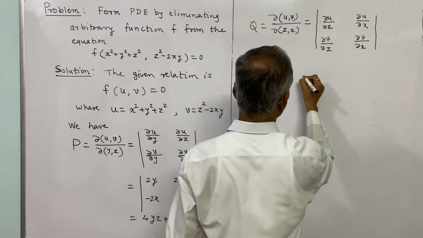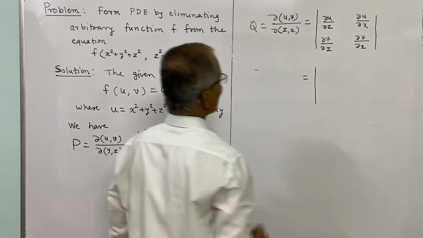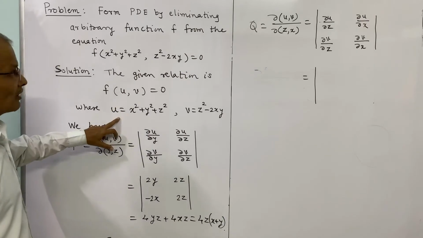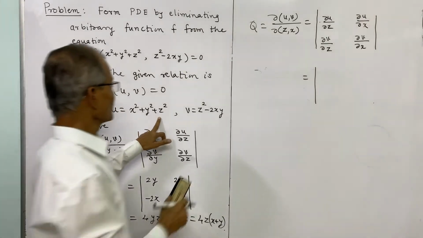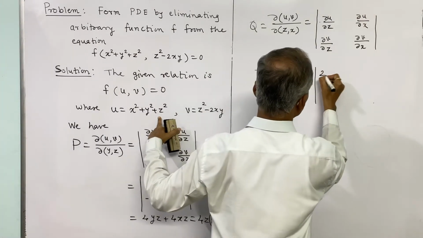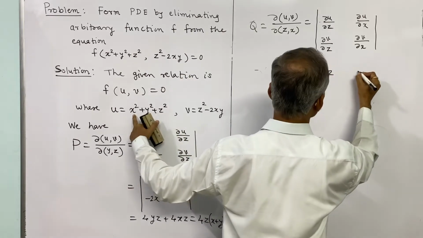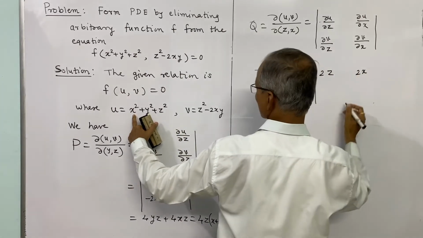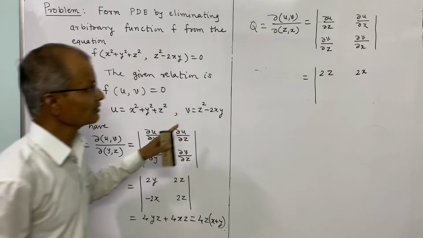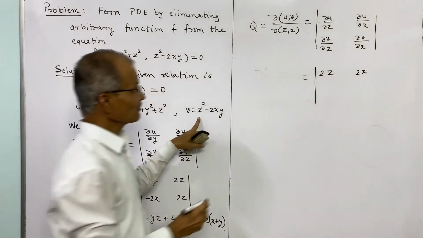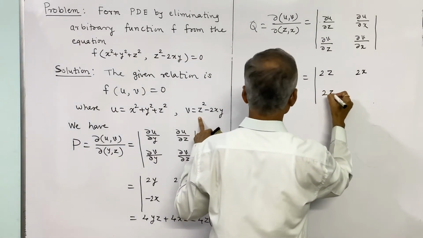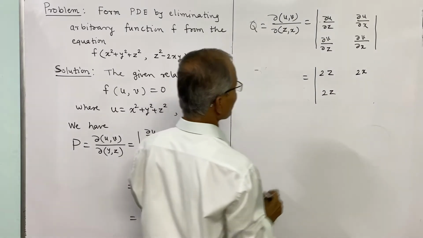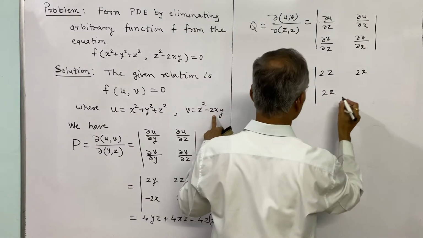This is equal to, see, the partial derivative of u with respect to z is 2z. The partial derivative of u with respect to x is 2x. Simple to write the derivatives. And v with respect to z is again 2z, and v with respect to x is minus 2y.